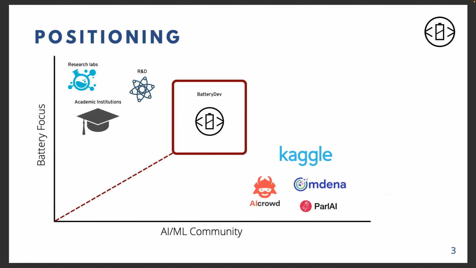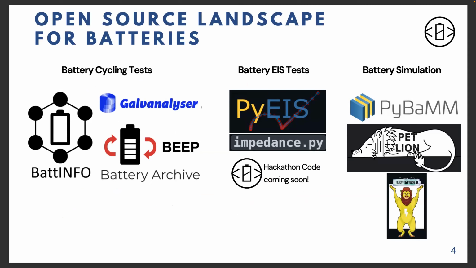And in terms of the landscape that is out there, and also a bit the positioning maybe. The different projects that we've been seeing are, on the one hand side, battery cycling test. So there is software out there which you can use to digitize your data and standardize your data, bring it in a certain format that makes it ready for algorithms and machine learning.